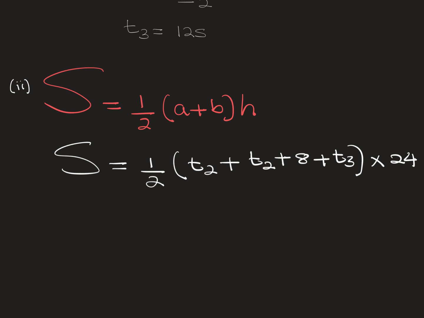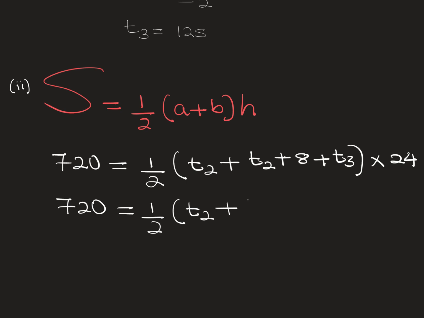Okay, so because we already know the distance given as 720, I will just move on to replace it directly. So distance is 720. Therefore, we have 720 is equal to half into T2 plus 8 plus, we have calculated T3 as 12.